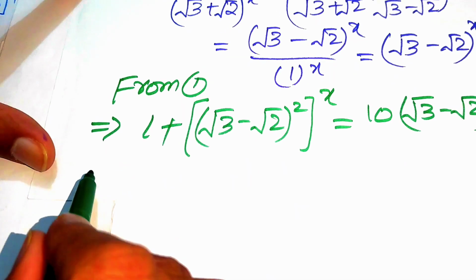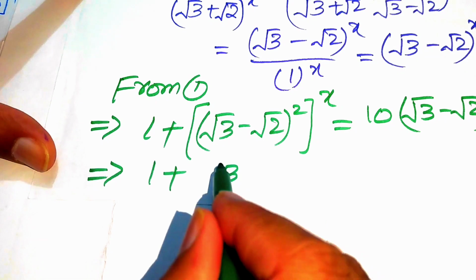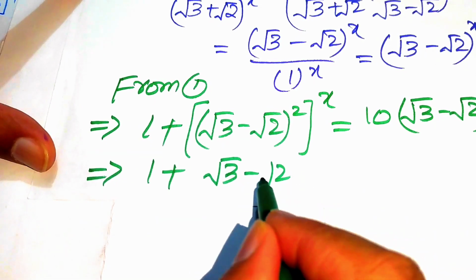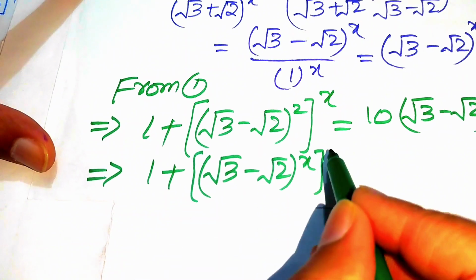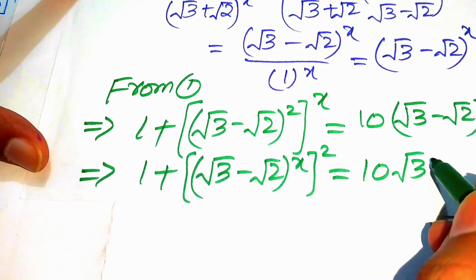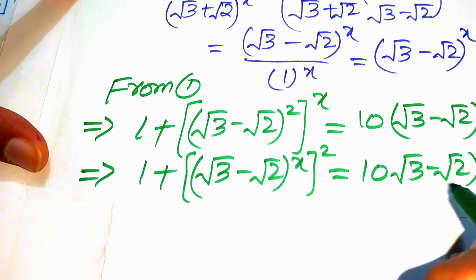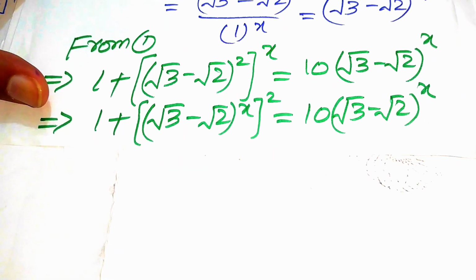We rewrite this equation as 1 plus, interchanging the two exponents, ((√3 − √2)^x)^2 equals 10 times (√3 − √2)^x.